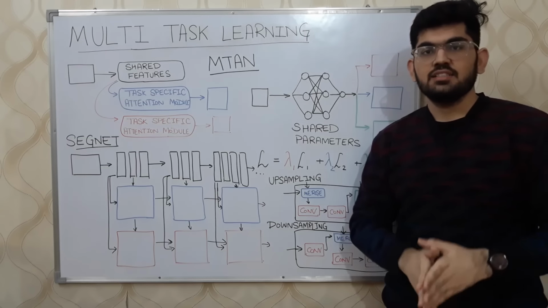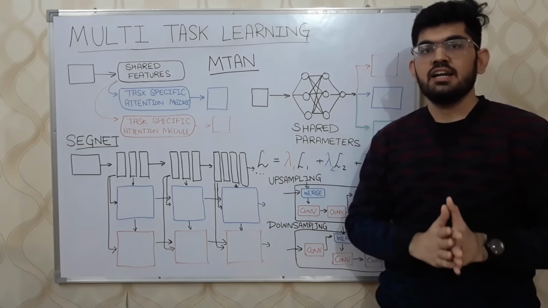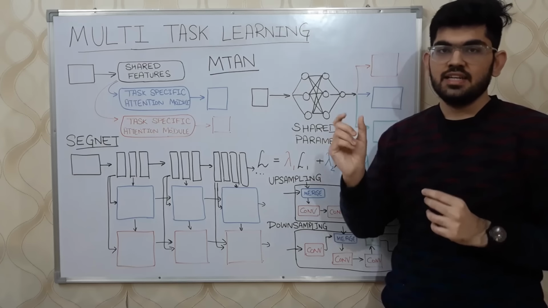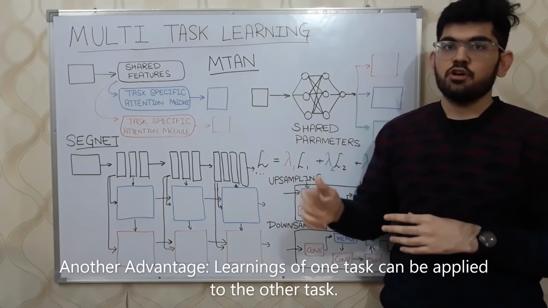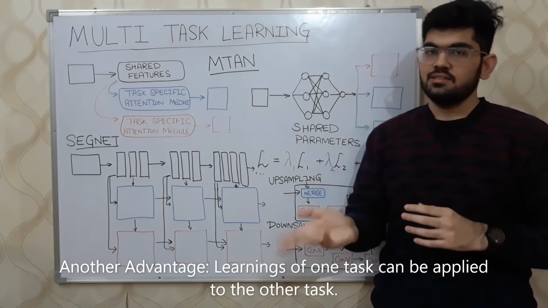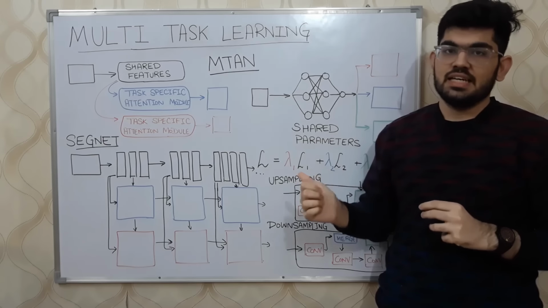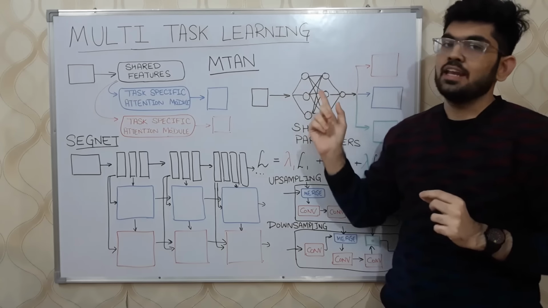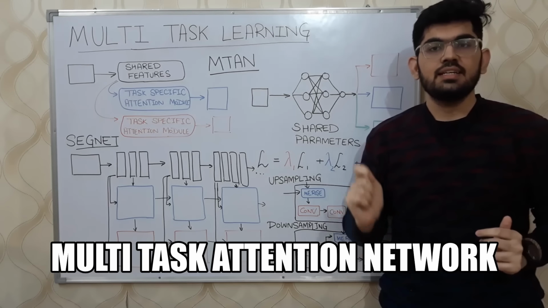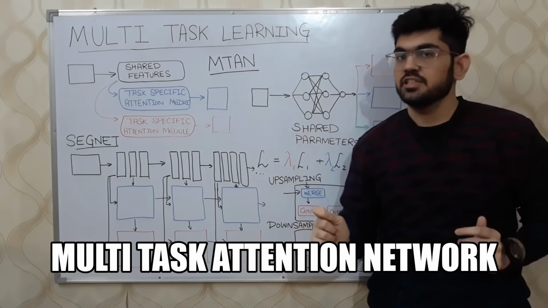The advantage it has over distributed networks is that we don't have to train each and every network individually for the different tasks, resulting in saving some time. So the technique that we are going to discuss for this multitask learning is MTAN. MTAN stands for Multitask Attention Network.